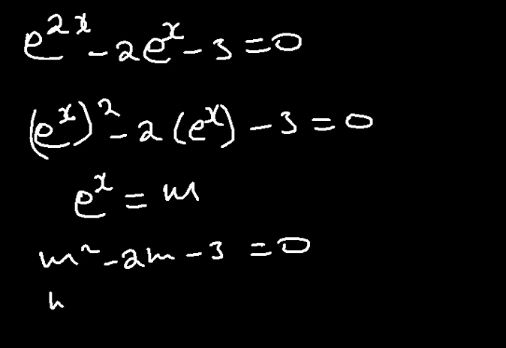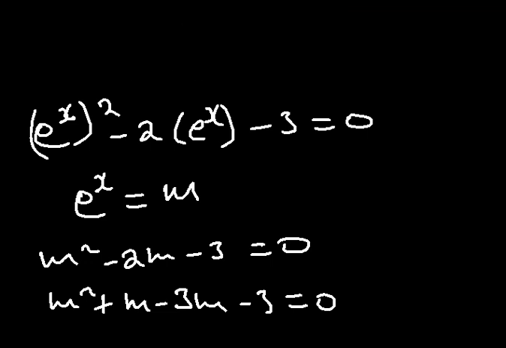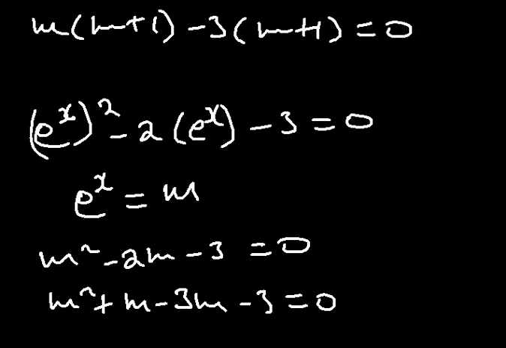So in this case we'll have m squared plus m minus 3m minus 3, that will be equal to 0. Then we'll have m times m plus 1, minus 3 times m plus 1, which is equal to 0.